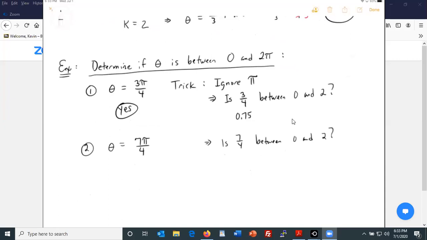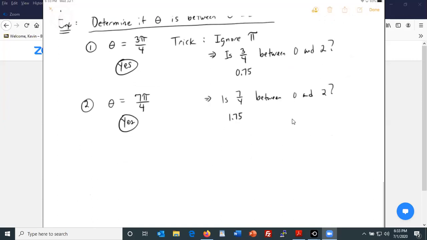Now, 7/4, just use your calculator, divide them. What's 7 divided by 4? It's 1.75. And that's between 0 and 2. So yes, 7 pi over 4, therefore, is between 0 and 2 pi. Okay? So it all depends on the fraction that you see there, not the pi symbol.